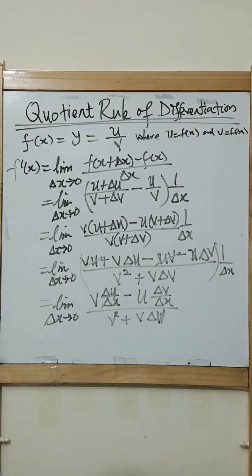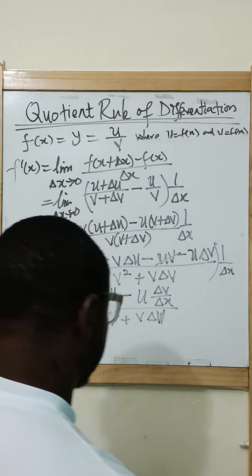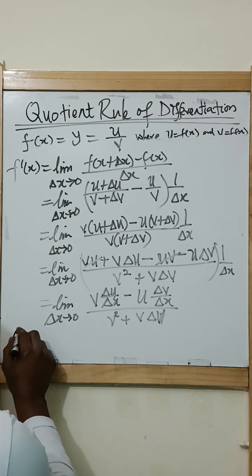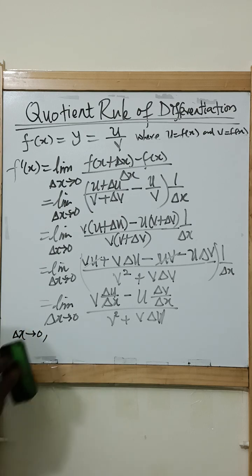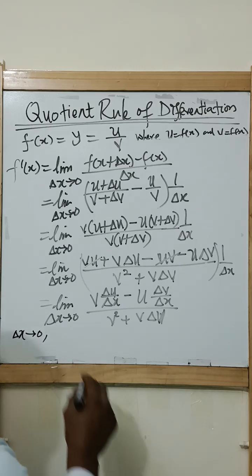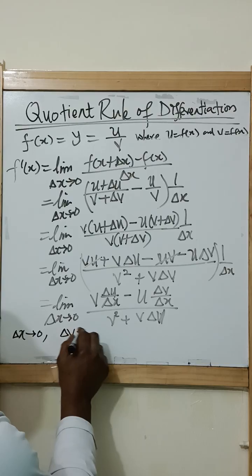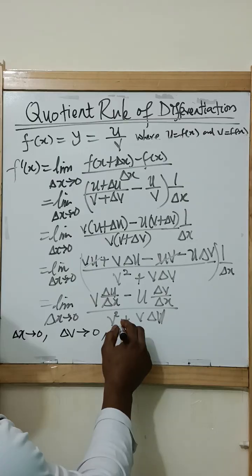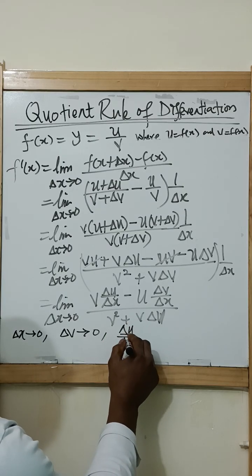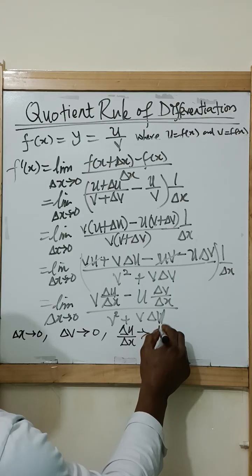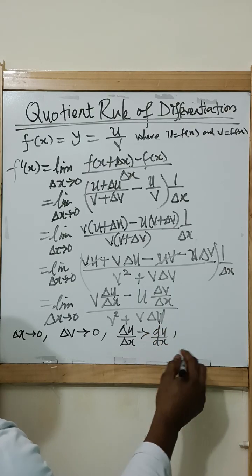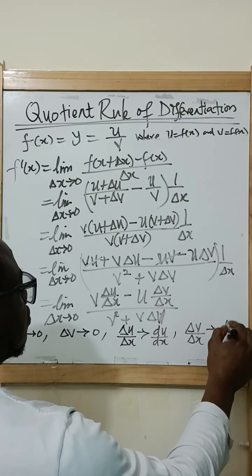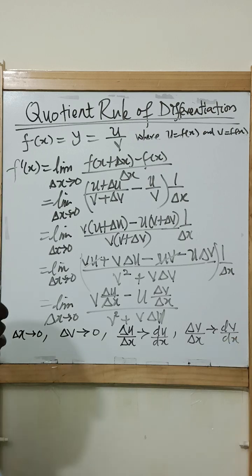At this point we can say as delta x tends to 0, what happens? Delta v also tends to 0. Delta u over delta x tends to du dx, while delta v over delta x tends to dv dx.